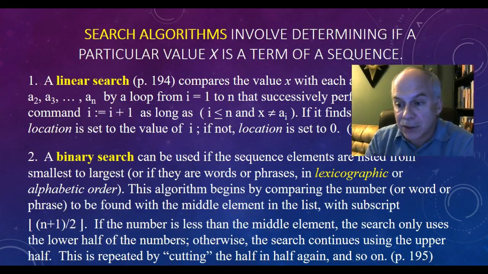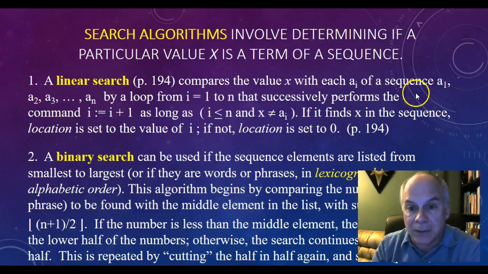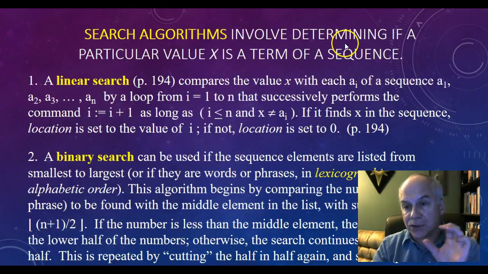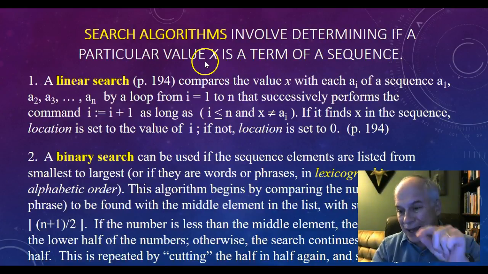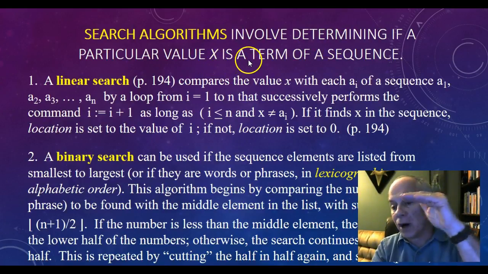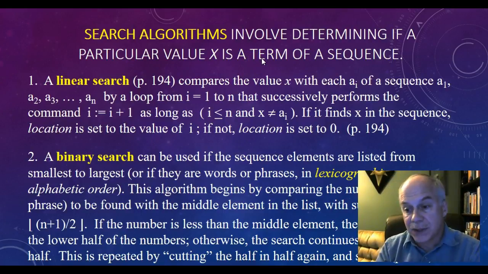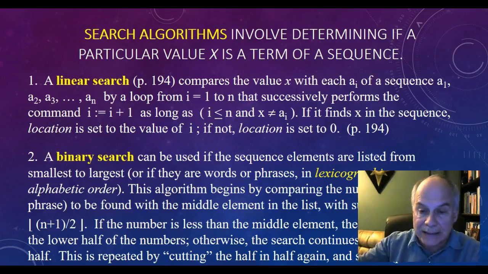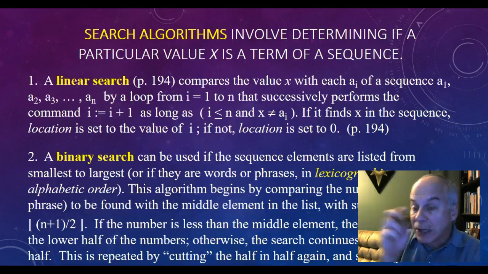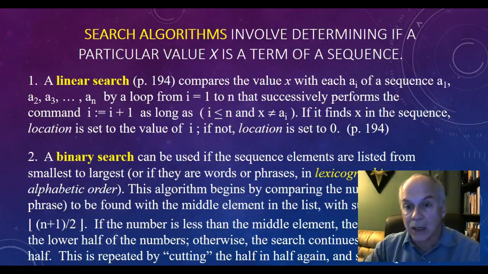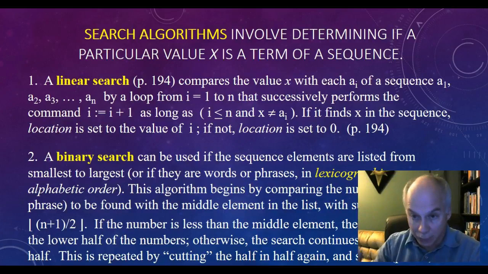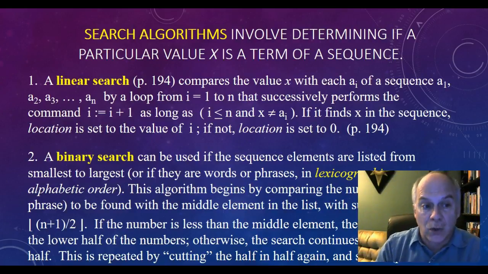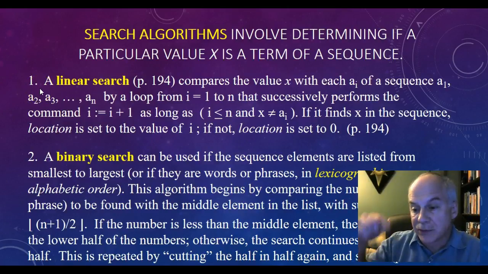So let's look at a couple of search algorithms. Search algorithms involve determining if a particular value X is a term of a sequence. So this is different than finding which one's the greatest. This is looking for a particular value in a whole string or list of terms. Okay, so the first type of search is called a linear search.